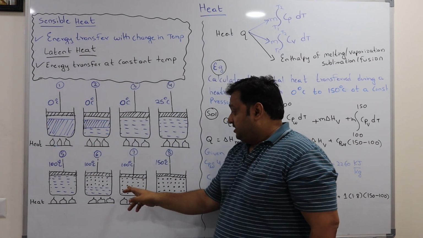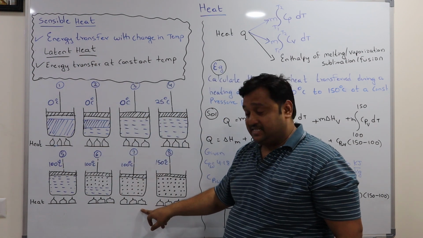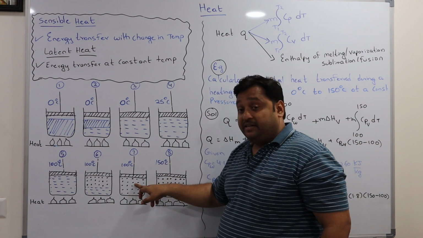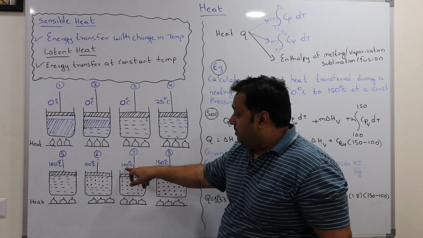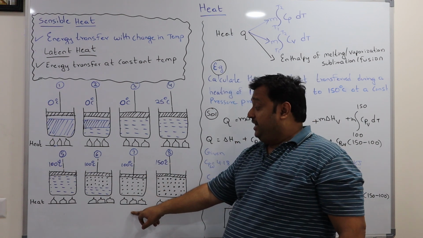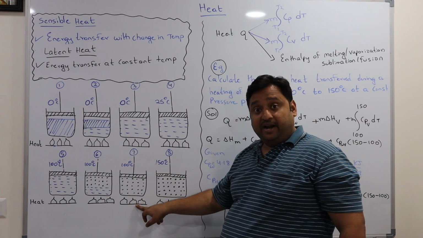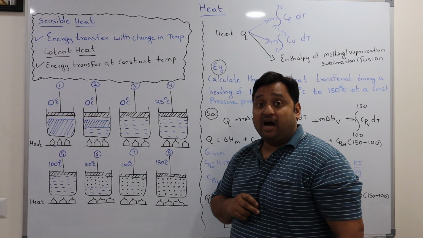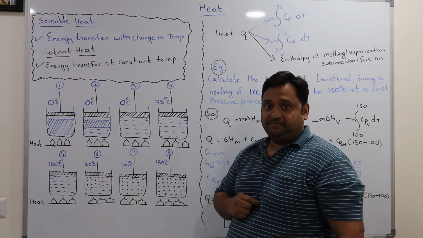Okay. And if you further heat the system, now the vapor temperature starts rising from 100, for example, to 150. Now whatever heat or energy is supplied to the system, you can observe the changes in temperature after it reaches the vapor state.